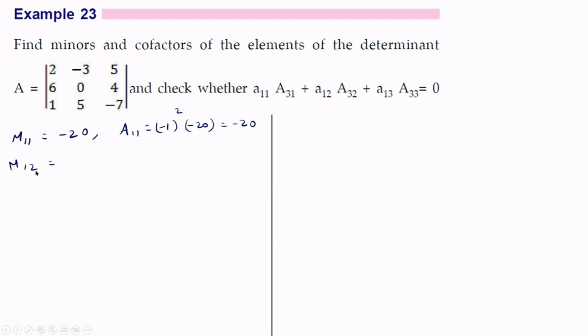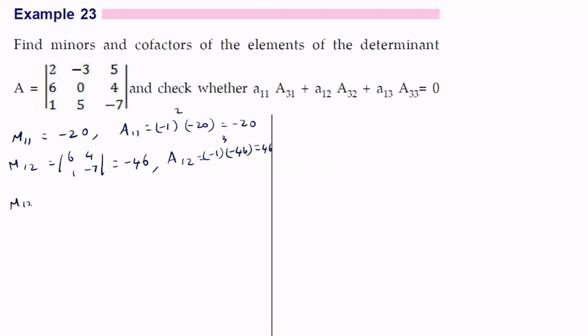M12 is the determinant obtained by deleting the first row and the second column. So it is this determinant 6, 4, 1, minus 7. So the value is minus 42 minus 4, so it is minus 46. And then the cofactor is minus 1 the whole cube into minus 46, so it is 46.